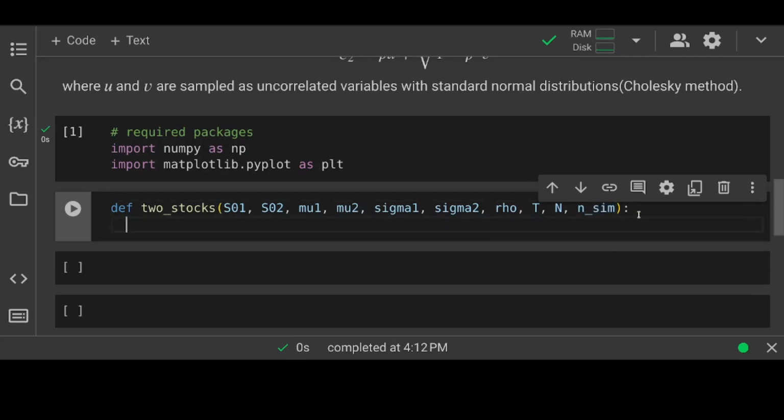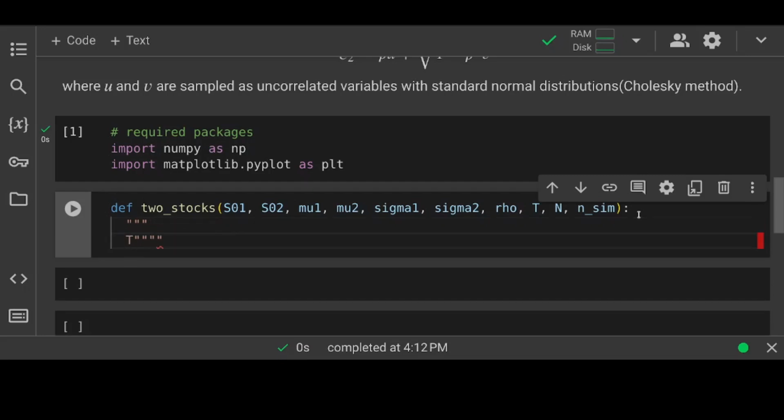So let us write the description of this function. So this is a function.